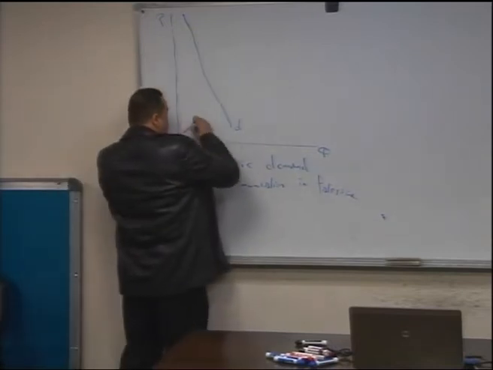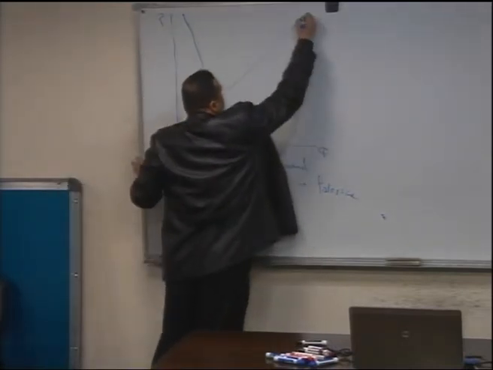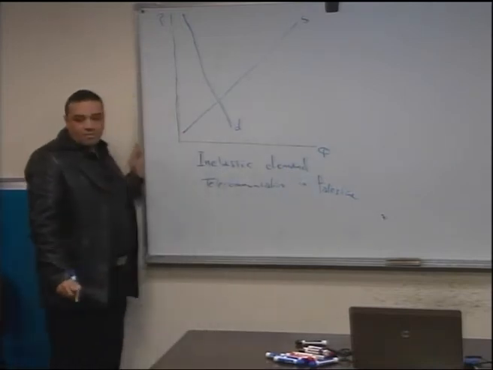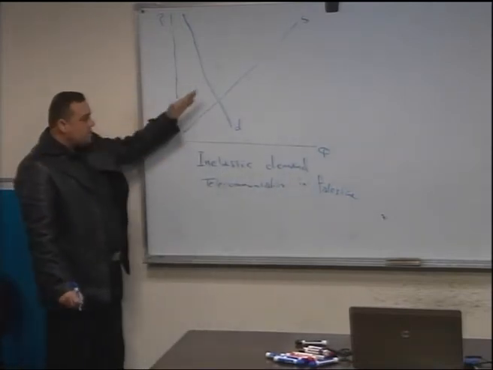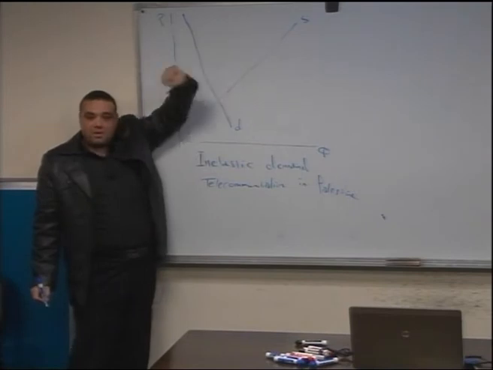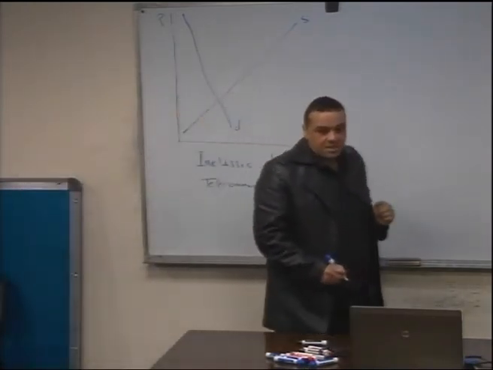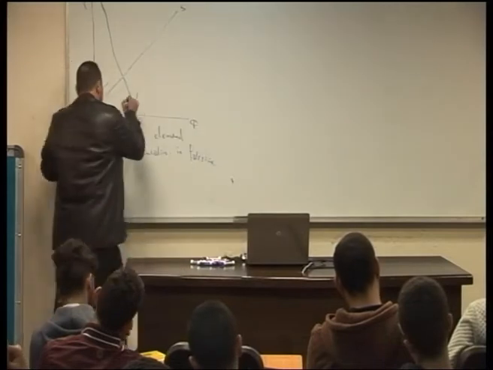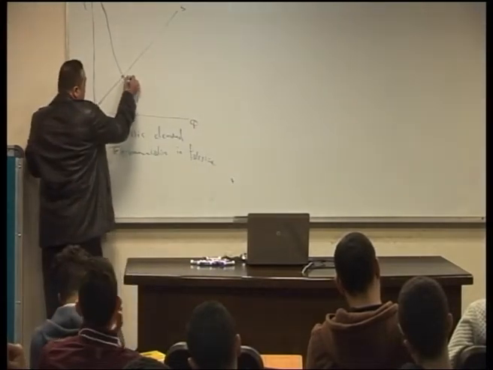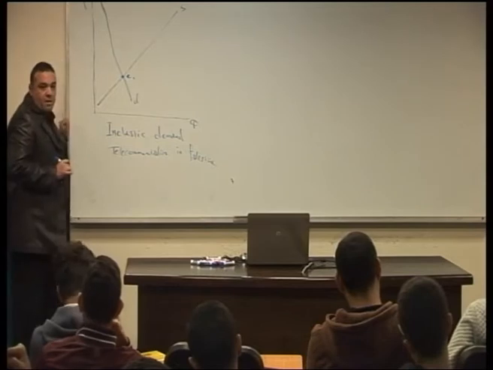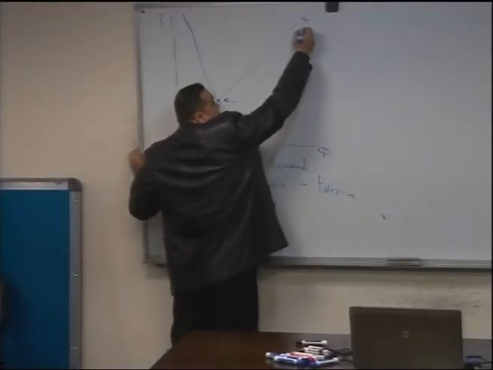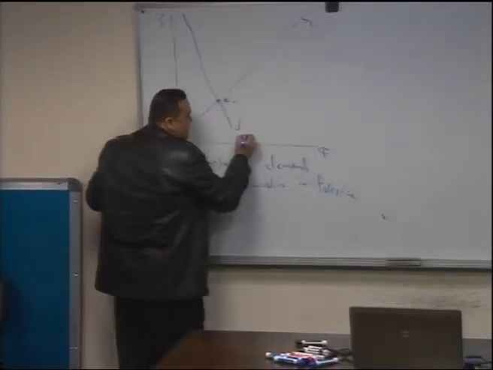Here is the supply curve, S. Where's the original equilibrium? Here. This is A1, and this is supply 1, demand 1.